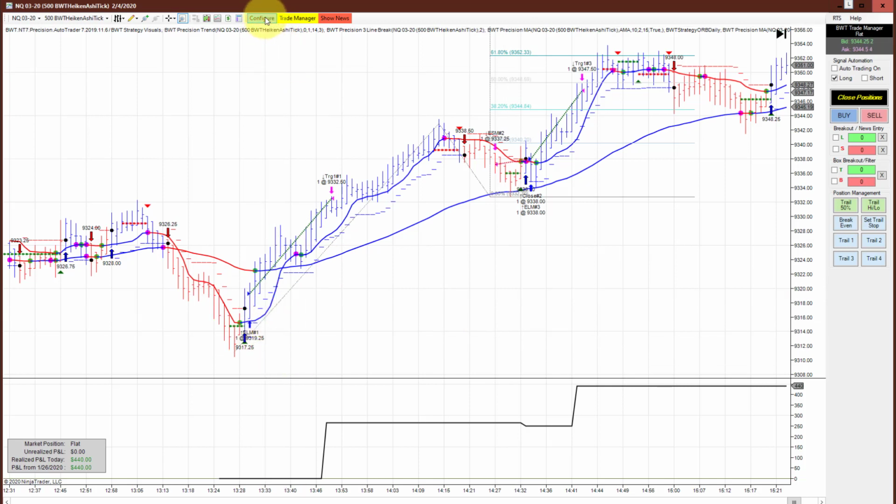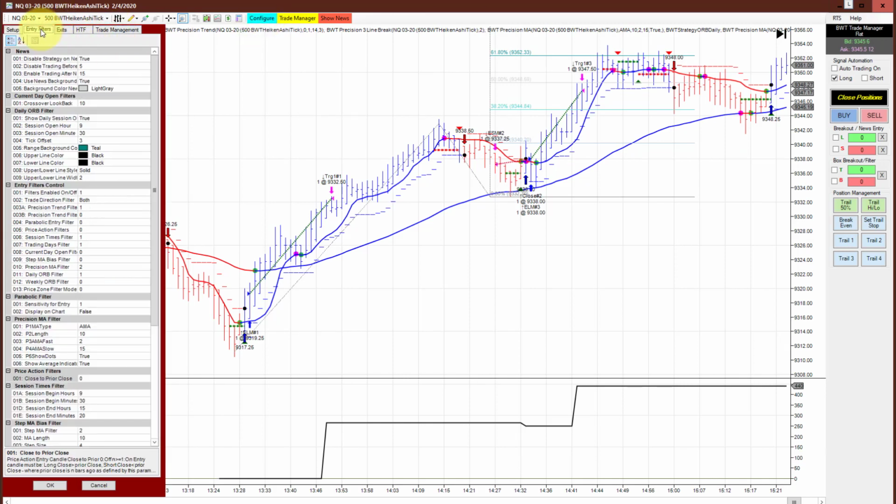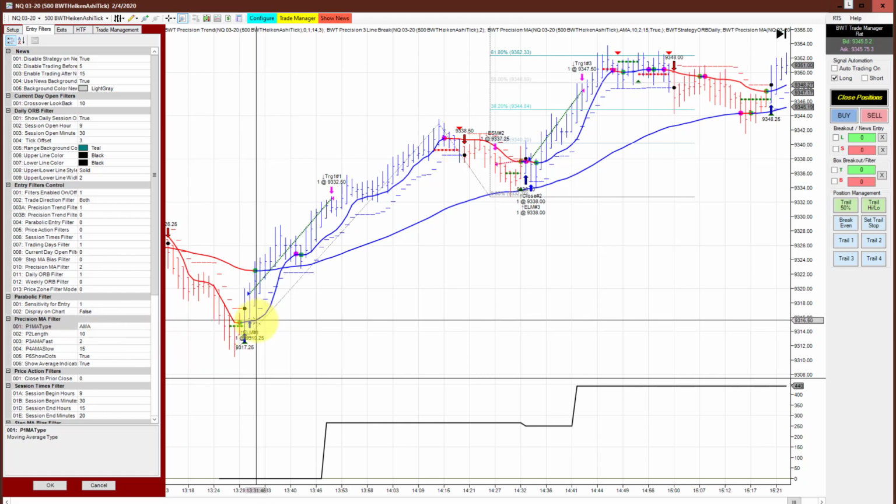I basically have a 500 Heikin-Ashi tick chart, which is done very well with the Autotrader, and I'm using the Precision MA filter with option 2, and if you look down here, option 2 is above or below the average, and I'm using the adaptive moving average. So that's this one here.